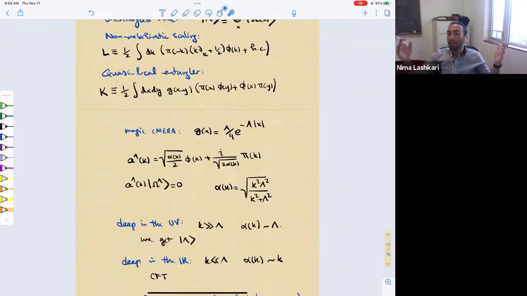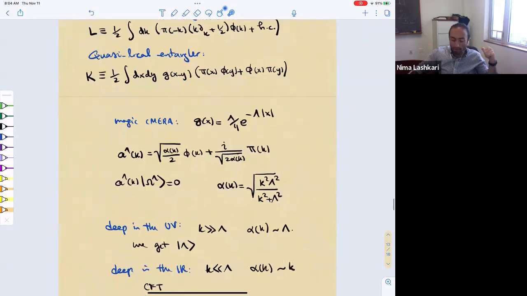There are various coarse-graining schemes you could pick. For example, in the classical story, we said that we're going to do majority vote. Here, there are many different things you could do. A particular coarse-graining scheme called cMERA was introduced by Giffords and Vidal because it keeps everything analytic.